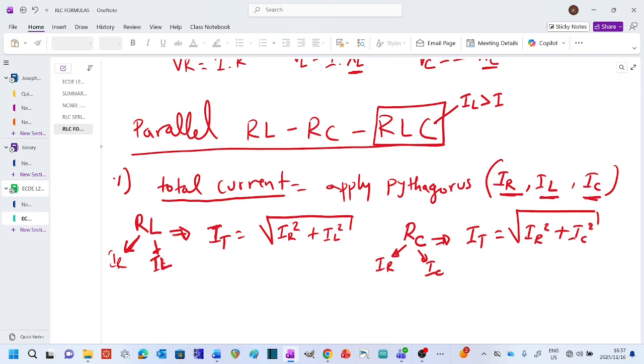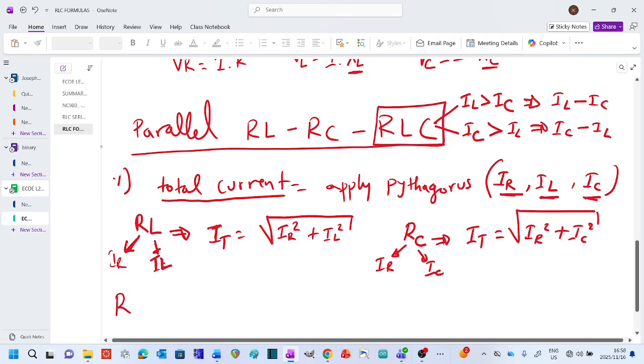Did you realize, is your IL bigger than IC? So if your IL is bigger than IC, what you have to do is IL minus IC. If your IC is bigger than your IL, what you have to do is IC minus IL. That's what you do.